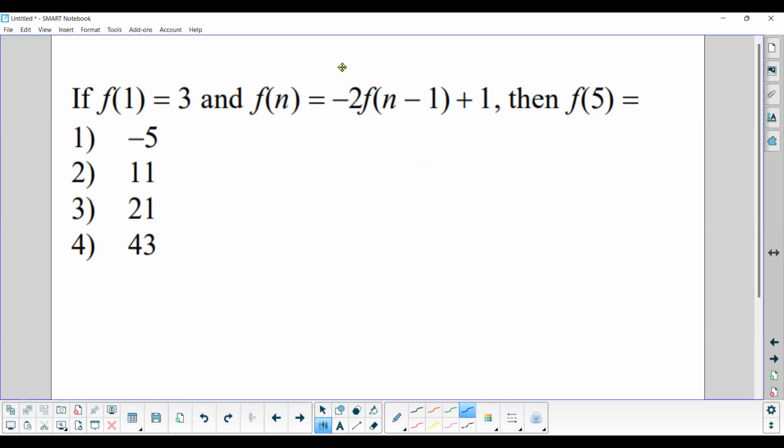After this, domain and range. We'll do that next.